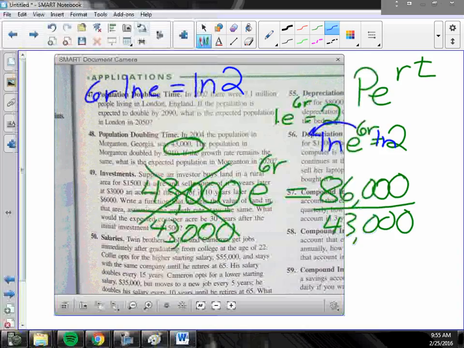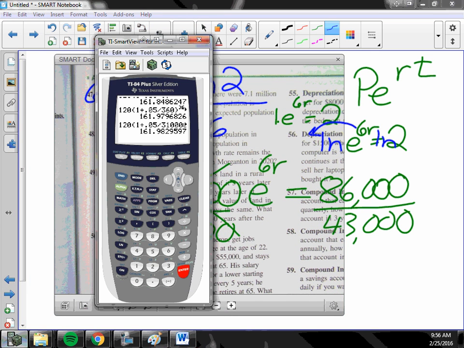Well, what is the ln of e? It's just 1. So that cancels, and then we divide by 6. So the ln of 2 divided by 6, so 0.1%. Okay?